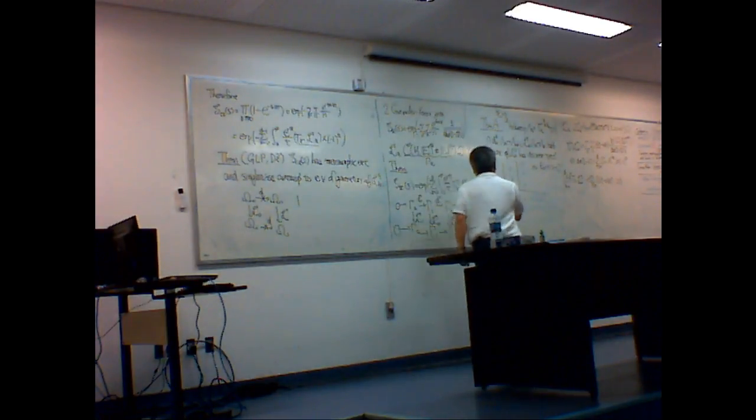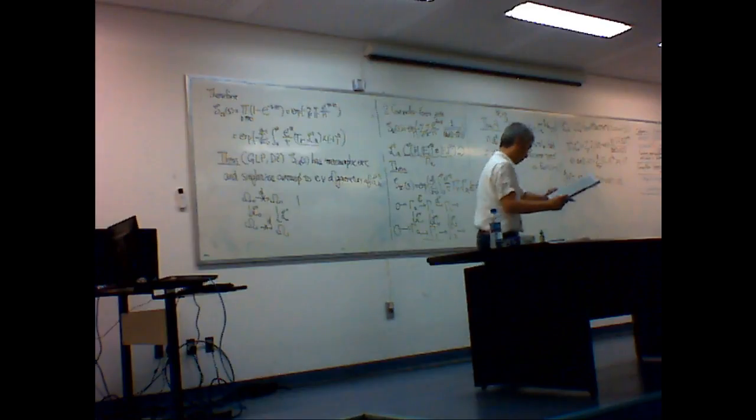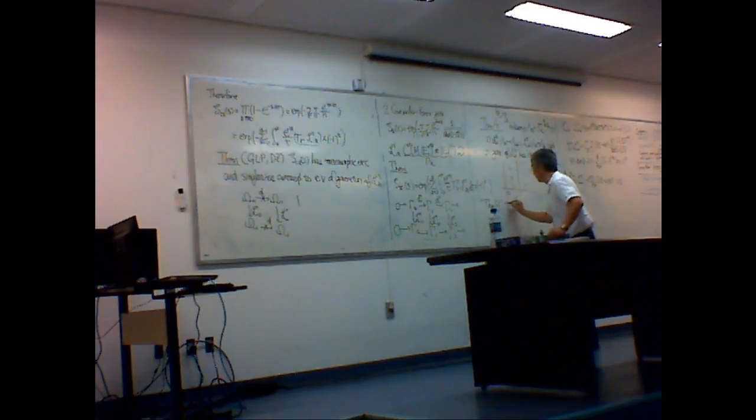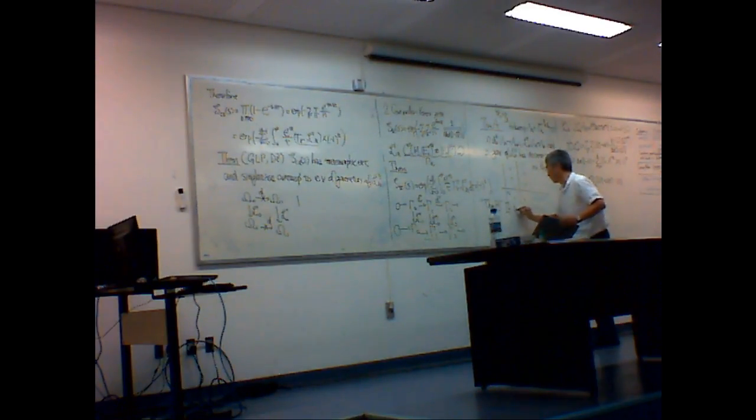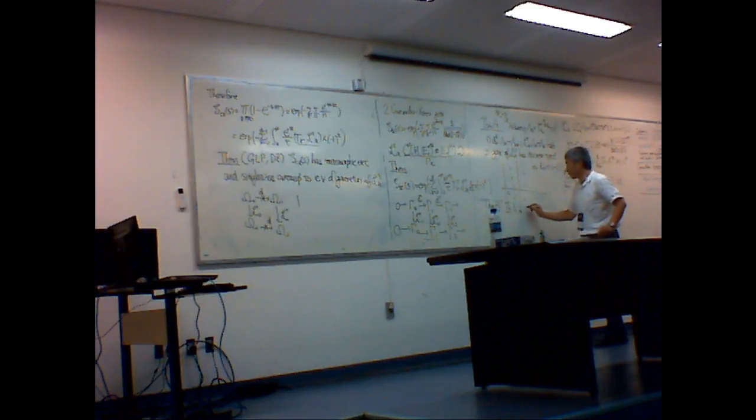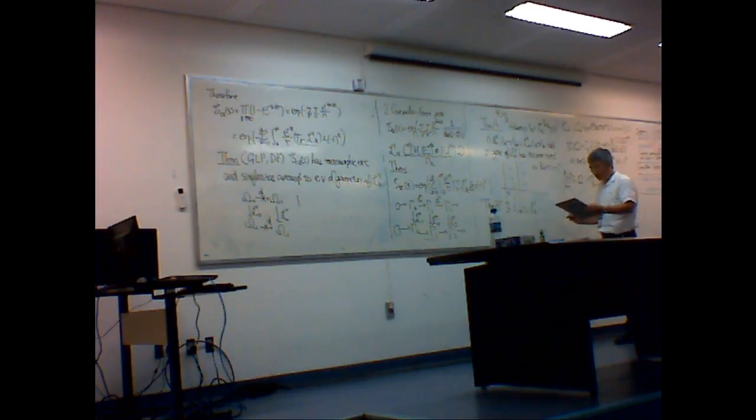The homological space other than the bottom level is almost vanishing. I can't show that it vanishes completely, but what I can show is that this is compact for T.